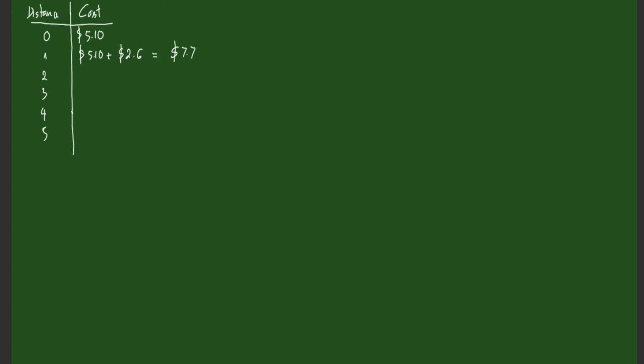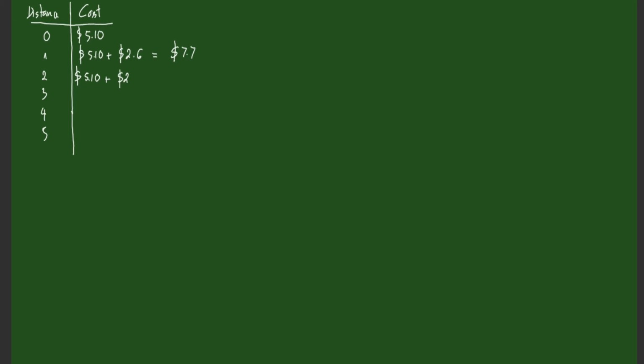So let's calculate 2 miles and see how much it costs. For 2 miles, we still have the initial price of $5.10, and because it's $2.6 per mile, for 2 miles you multiply it by 2.